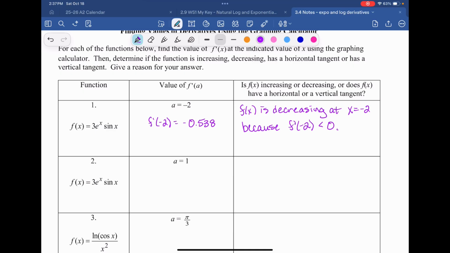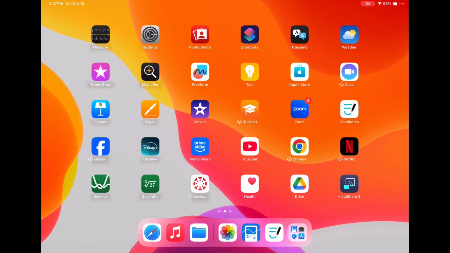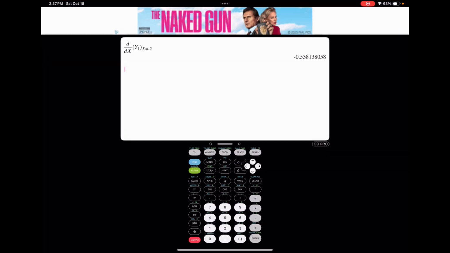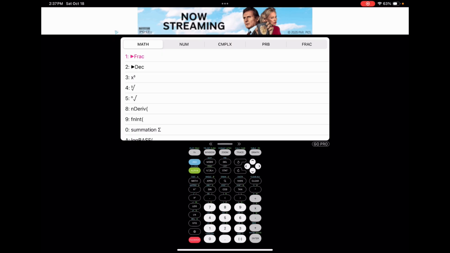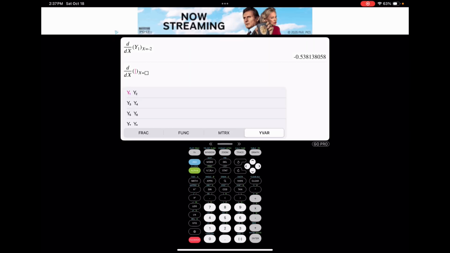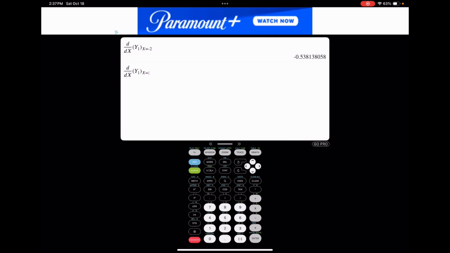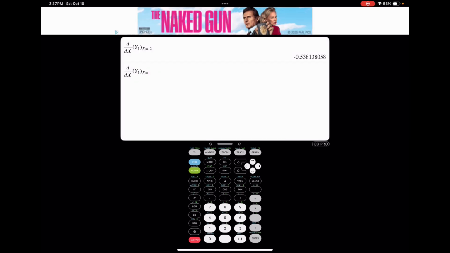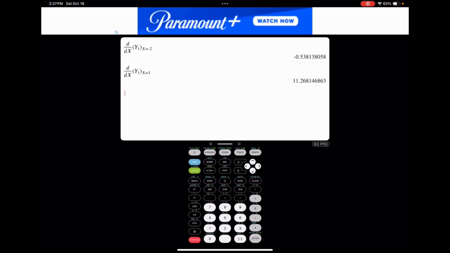Okay, now it's the same function. And so the great thing about that is I don't have to rewrite it, but I do need to go math, 8, alpha, trace, y1. And this time our x value is 1. So 11.268.